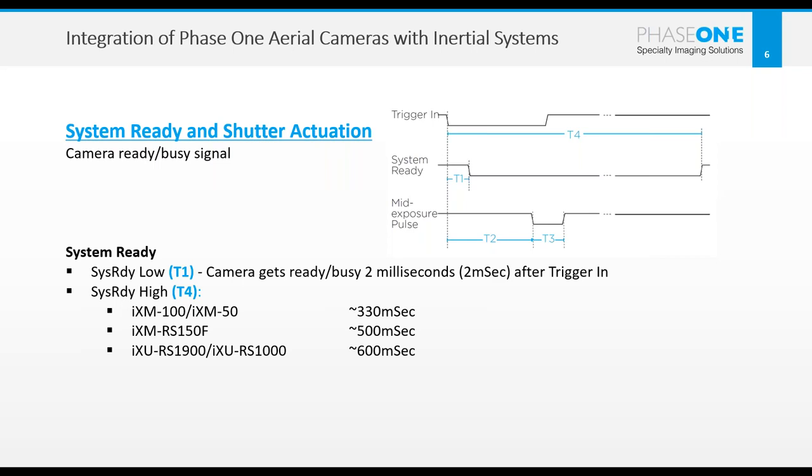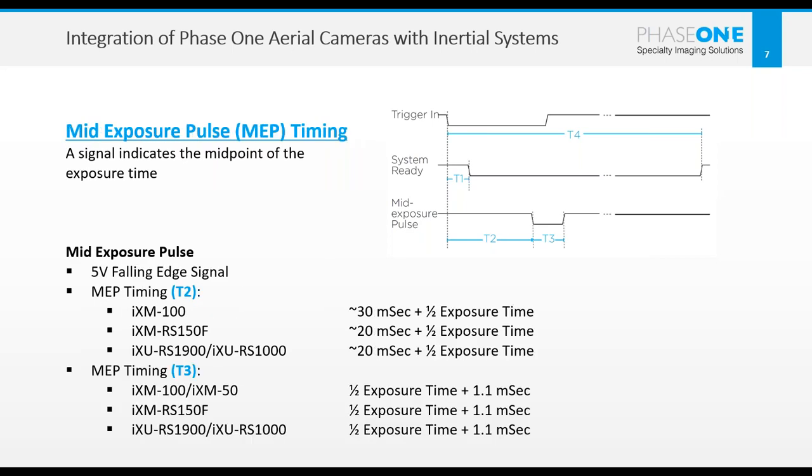For the IXM 150 is 500 milliseconds, which means 2 frames per second. And for the IXM 50 and for the IXM 100 is 330 milliseconds, which can be translated into 3 frames per second.